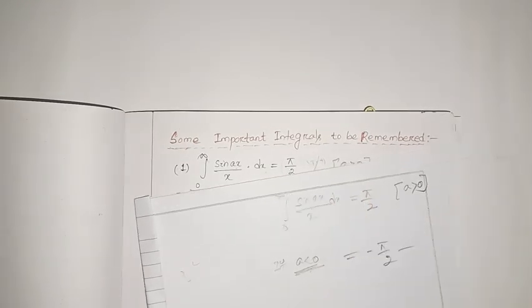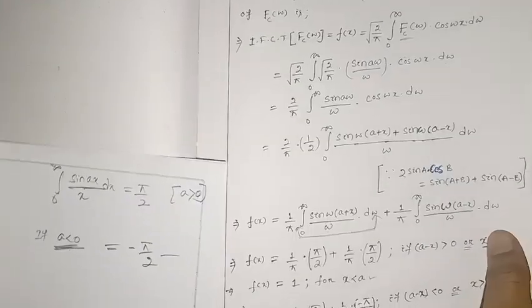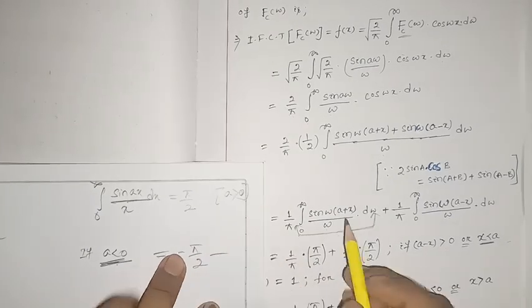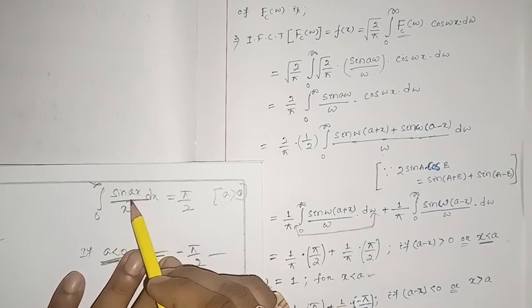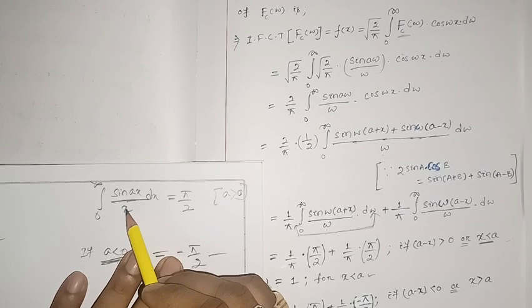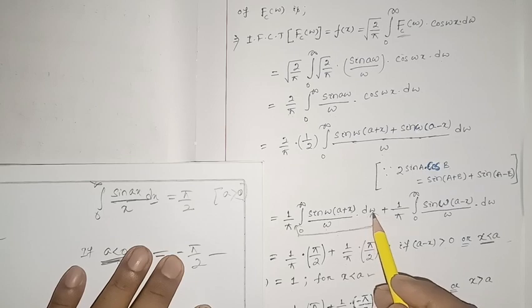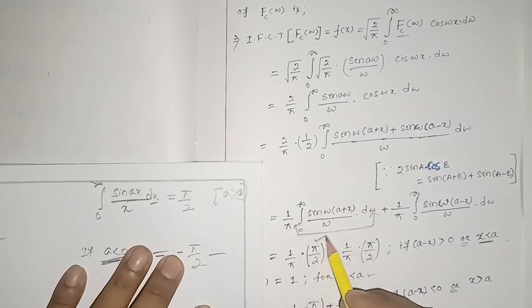Now we are going to use this special integral. If I compare these two integrals, carefully you have to watch. Here a plus x acts as a constant, omega is the variable, with integration with respect to omega, and since a is positive and x is positive, this value is positive, so this whole integration value will be pi by 2.